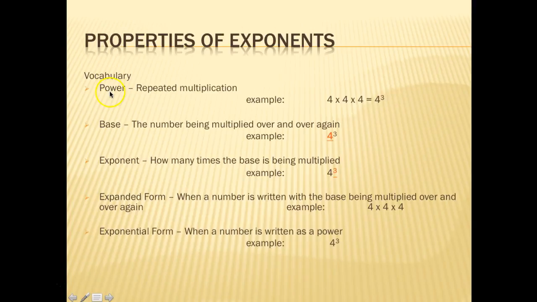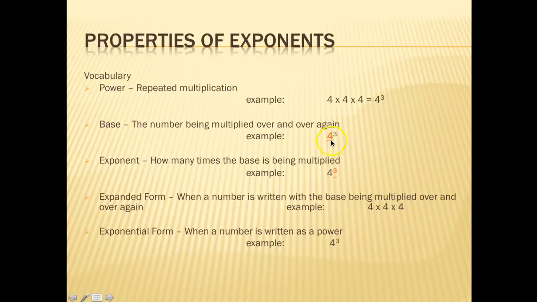Right, first, a power. A power contains two parts of a number, a base and an exponent. So if you notice, the power here has two parts of a number, a base, that big bottom number, and an exponent, that small upper number. Those two numbers come together to form the power.